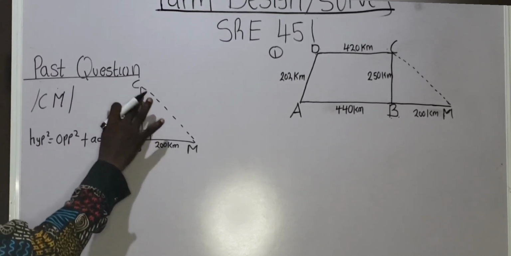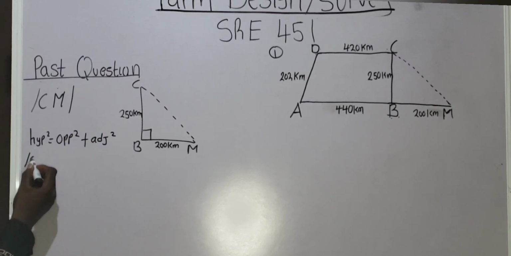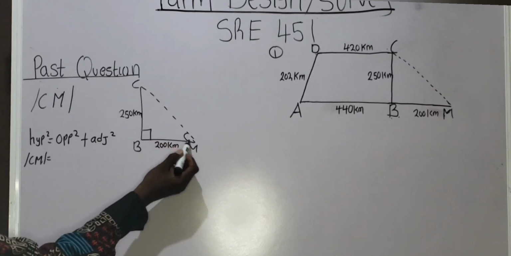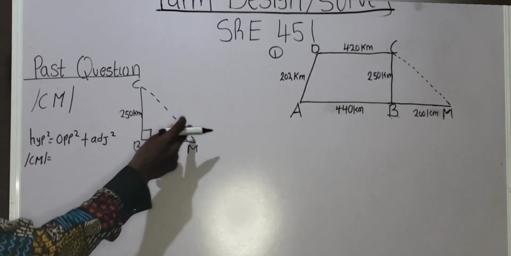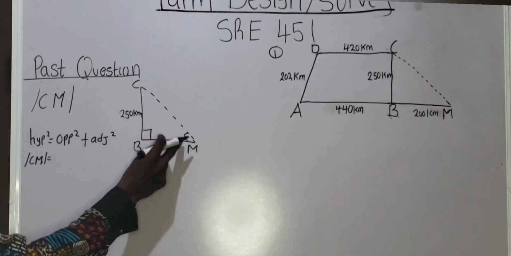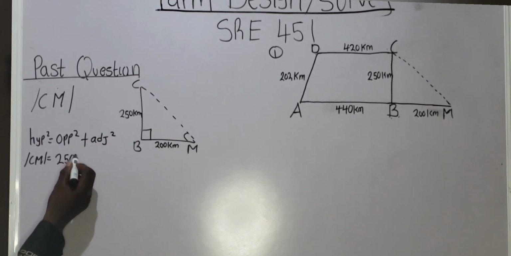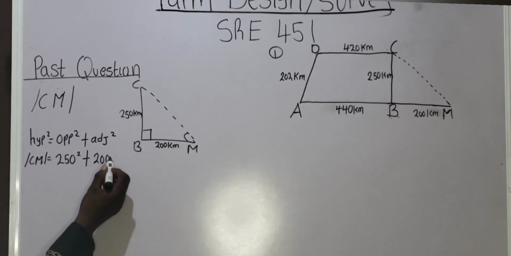The hypotenuse is line CM, which is the longest side of this right angle triangle. Opposite is the side that faces the angle. So the opposite is 250 kilometers, and I'm going to have 250 squared plus the adjacent squared, that is 200 squared.